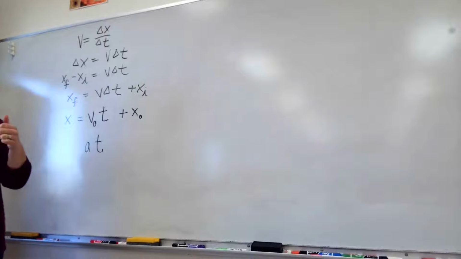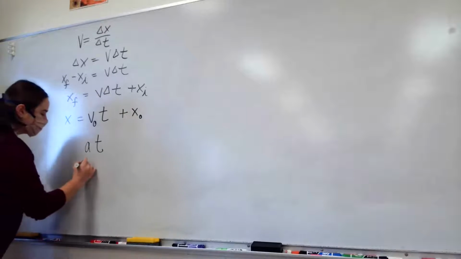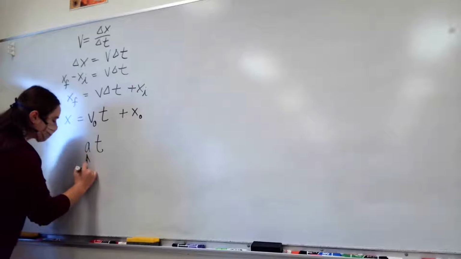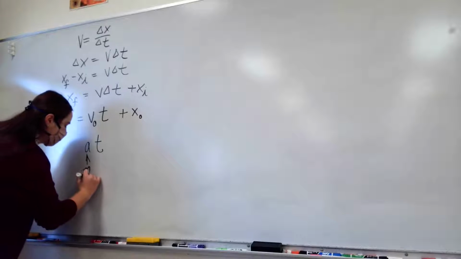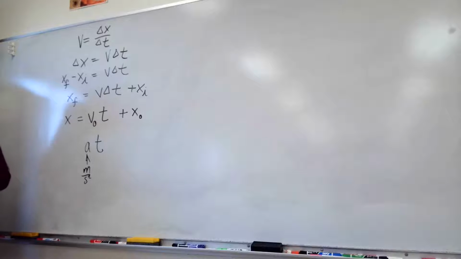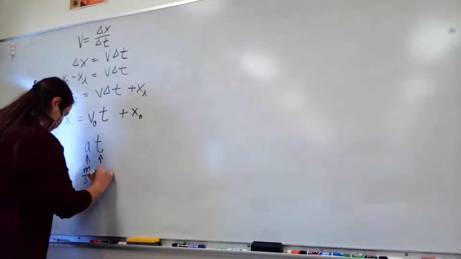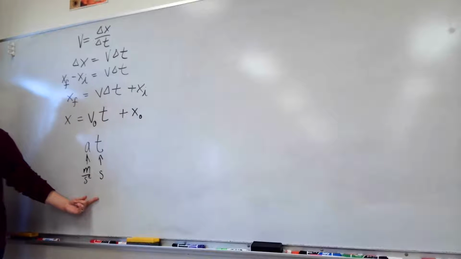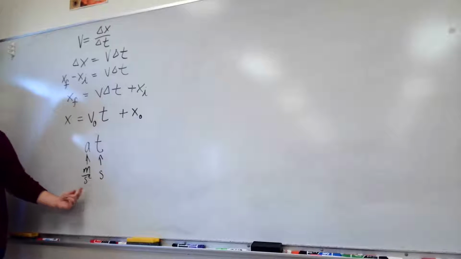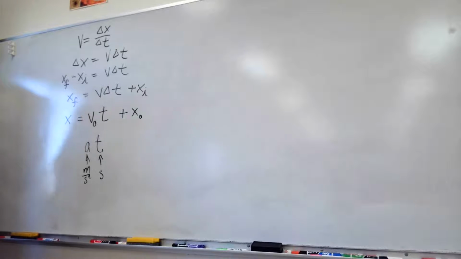Good? So if we look at our units for meters per second, or acceleration, they're meters per second squared. And time is going to be seconds. So if we have it like this, is it going to cancel our seconds out completely? No. What would we have to do to get our seconds to cancel out?